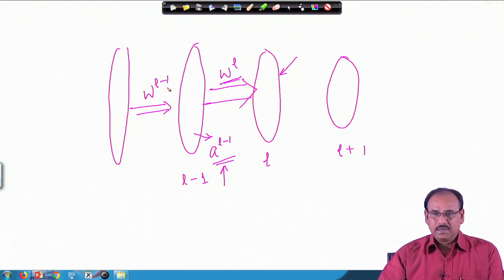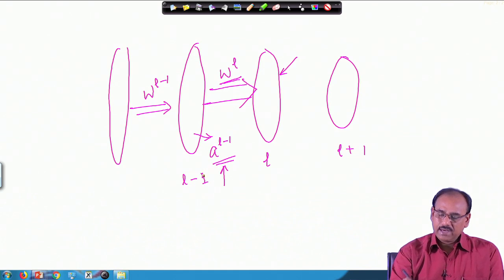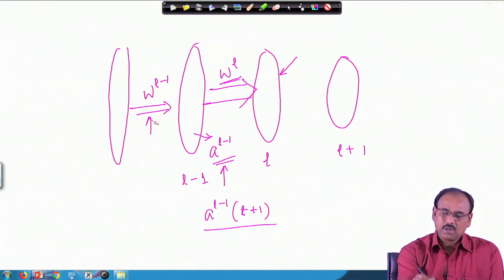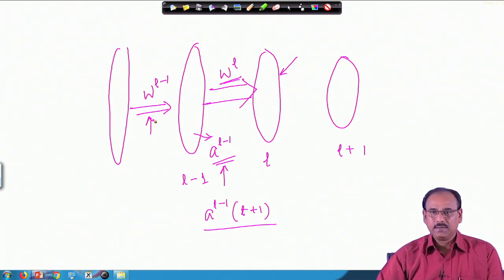As a result, next time when you get AL minus 1 at time instant, say, t plus 1, its distribution over the same set of data in the same batch may not remain the same, because WL minus 1 is not the same anymore, it is changing.